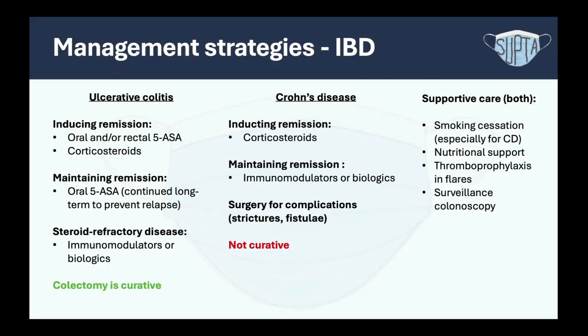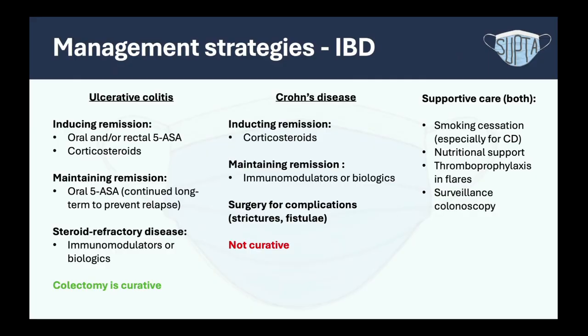For inducing remission, corticosteroids are used in active Crohn's flares due to their rapid anti-inflammatory effect. Oral corticosteroids like prednisolone are commonly used, but if the inflammation is limited to the ileum or the right colon, then budesonide is preferred since it's gut selective and therefore it will have less systemic effects.